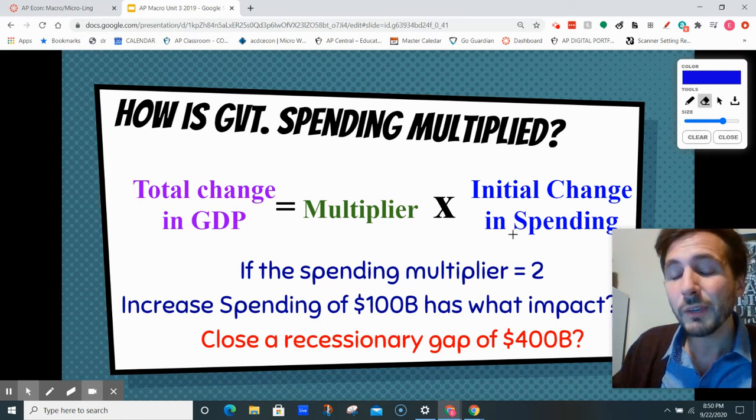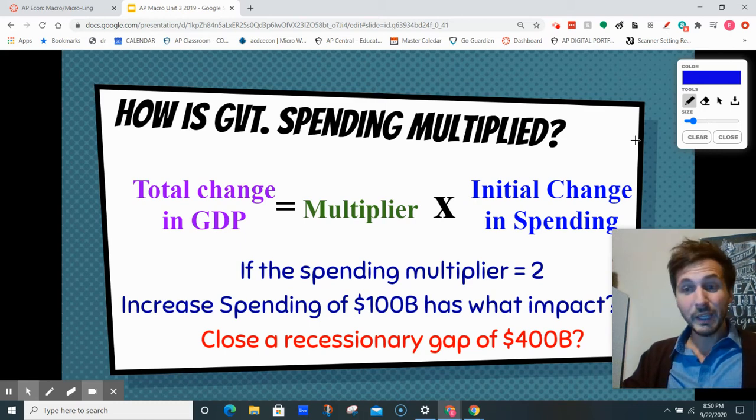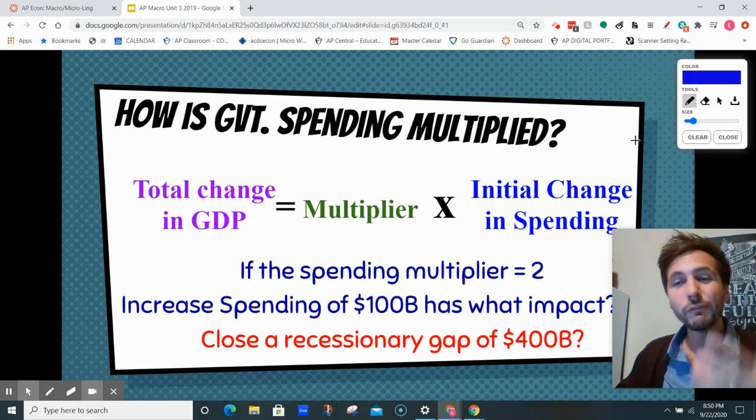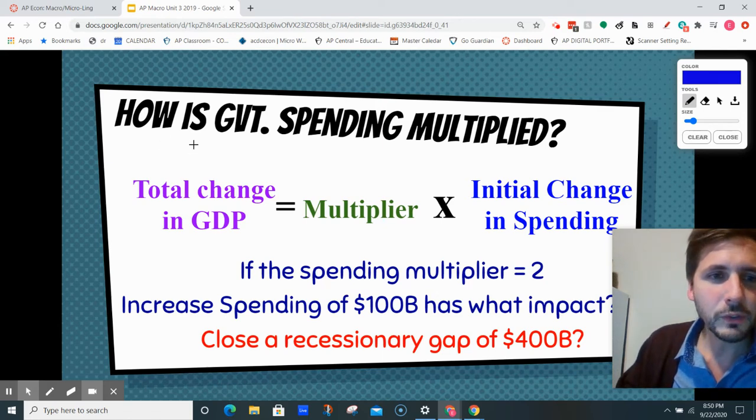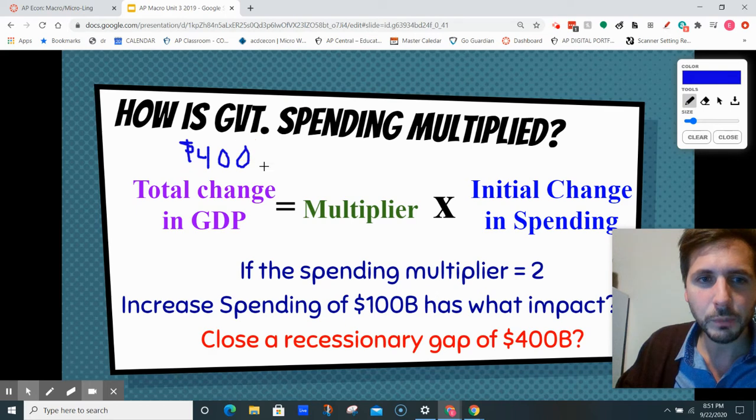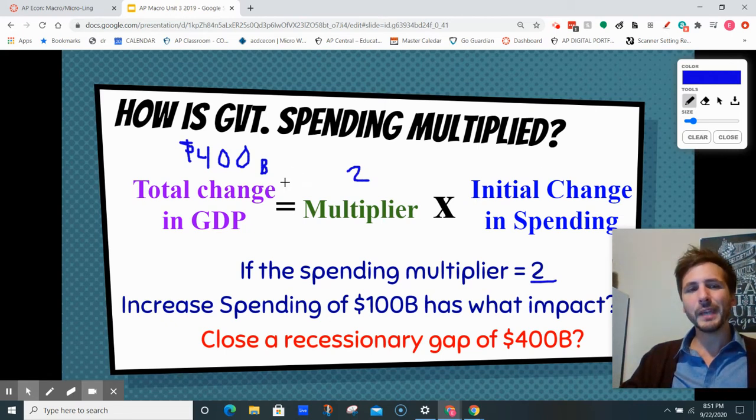Now, what if you have a recessionary gap of $400 billion? In other words, we're in a recession, and to get out of the recession, we have to have an increase of spending of $400 billion. The way I do this is I know I want my total change in GDP to be $400 billion. I know my multiplier is 2. So what spending has to happen to have an impact of $400 billion?